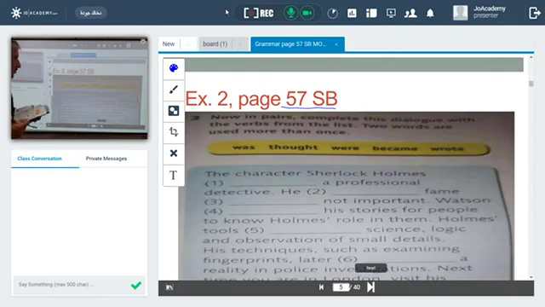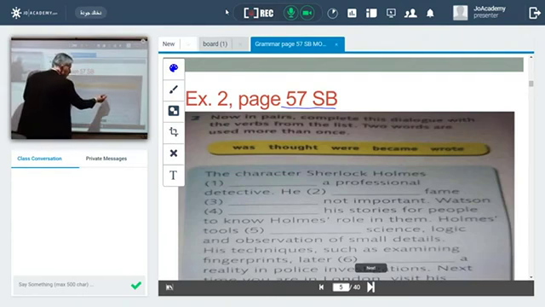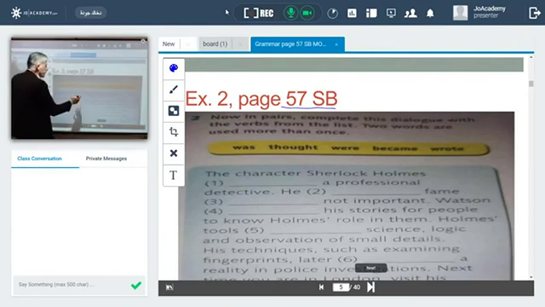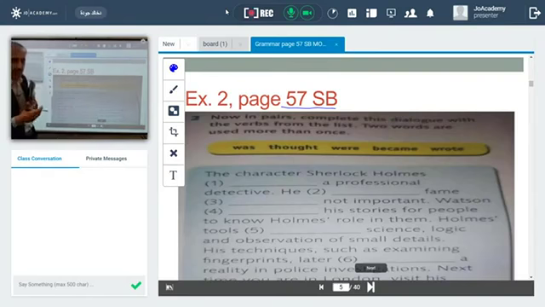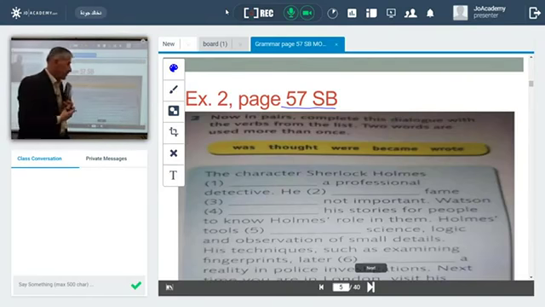So we need to look and try to understand the sentence, then we need to fill the blank with the right verb. So please read it, go through this exercise, and try to guess the meaning of the sentence. You need to know the meaning so you can put the verb. Let's read the first one. The character Sherlock Holmes. So it talks about Sherlock Holmes. You remember we talked about Sherlock Holmes and we said he is a detective in the stories.